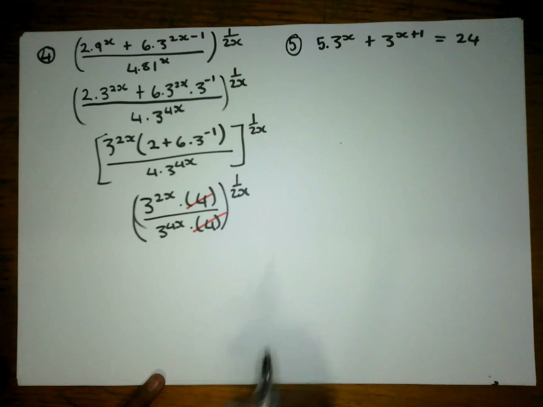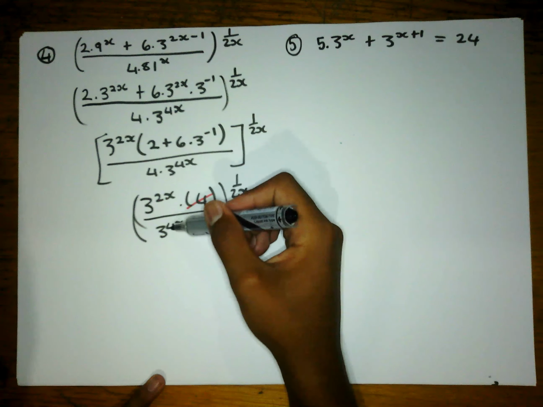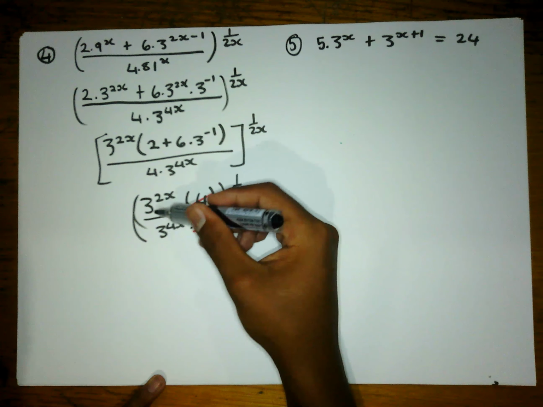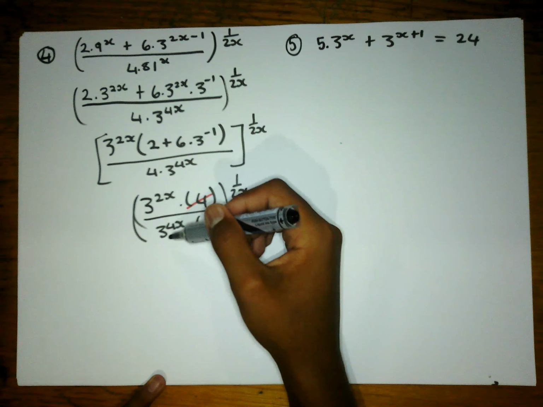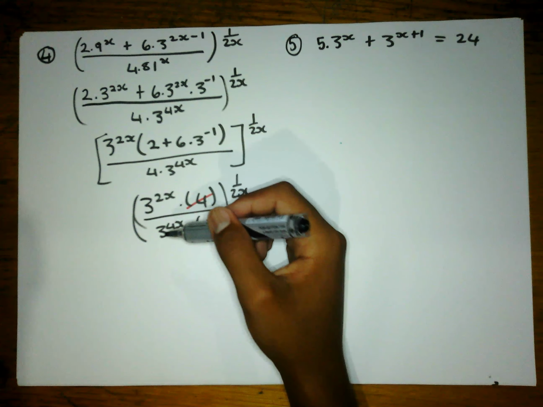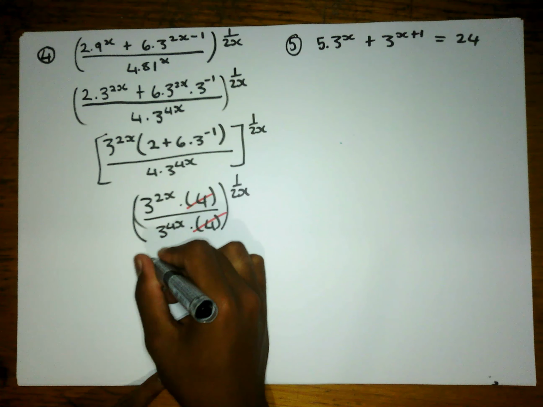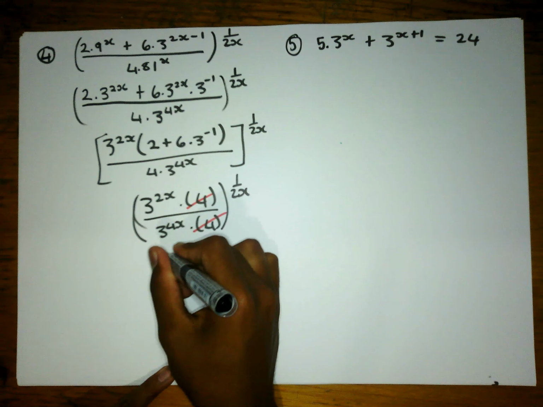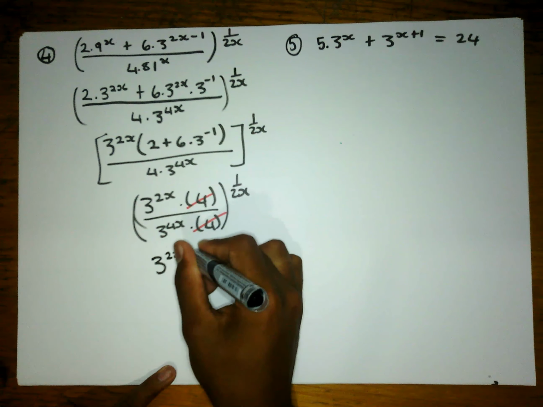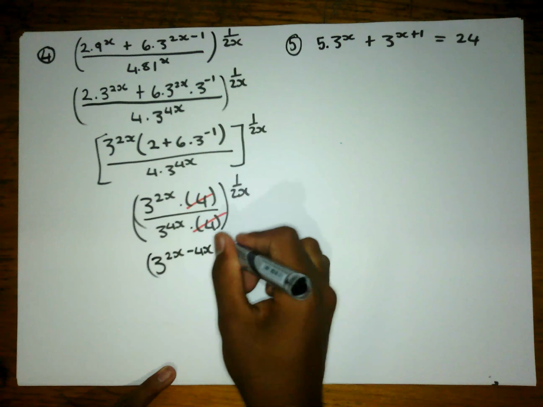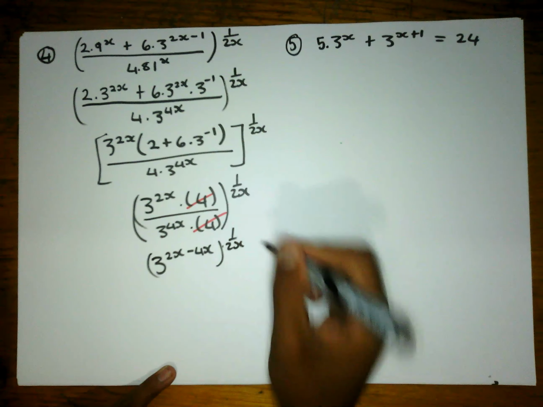Then we know that we're going to bring this 2 down. So this to the power 2x, we're going to bring it down. And when we bring it down, it's going to look like this. Let's write it like this. So 3 to the power 2x minus 4x, all to the power 1 over 2x, like that.